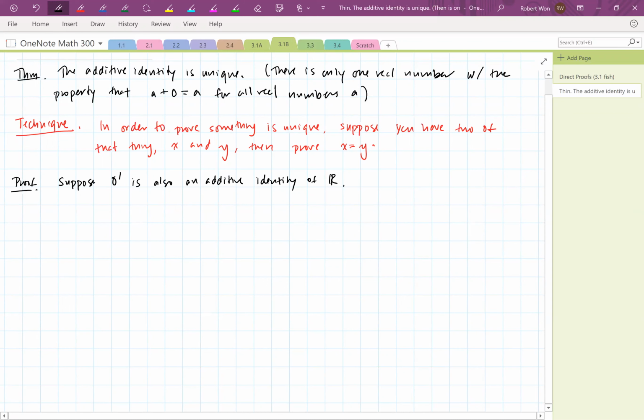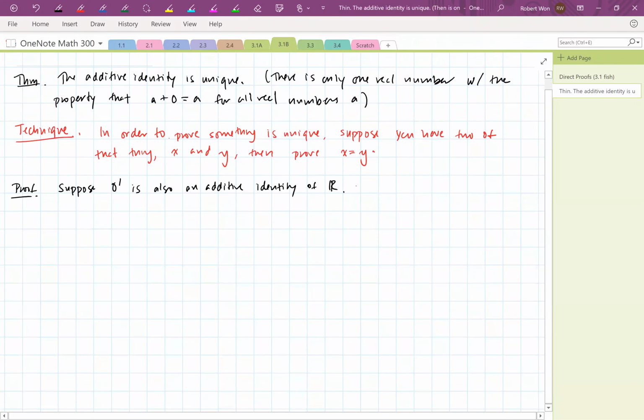That means for all real numbers, so for all A in R, A plus 0 prime equals A. That's what it means to be the additive identity.